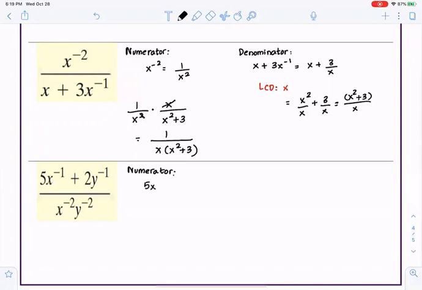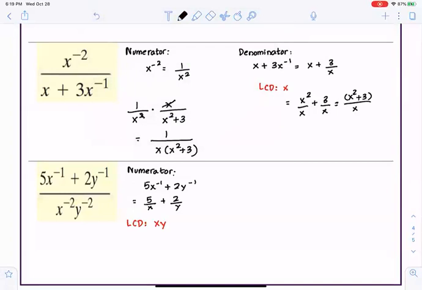We have 5x raised negative 1 plus 2y raised negative 1, which should be 5 over x plus 2 over y. We have to find the least common denominator between x and y. There is nothing in common between x and y, so the LCD is simply xy.